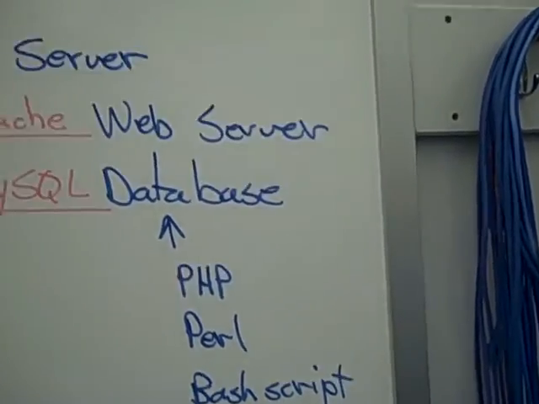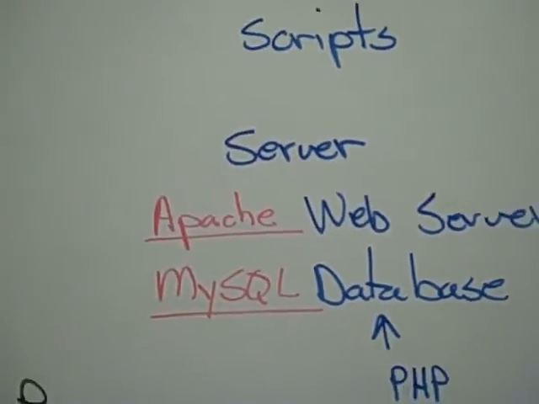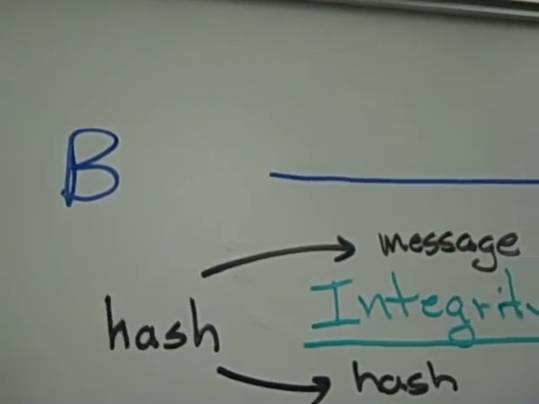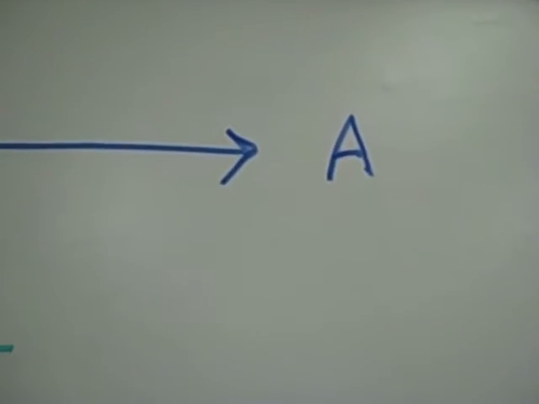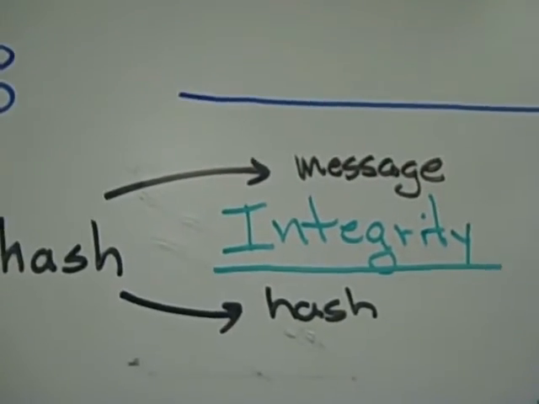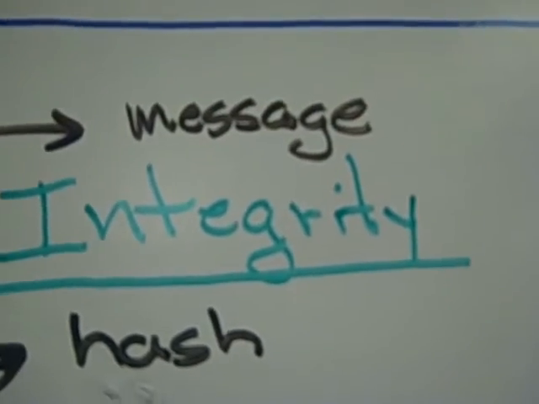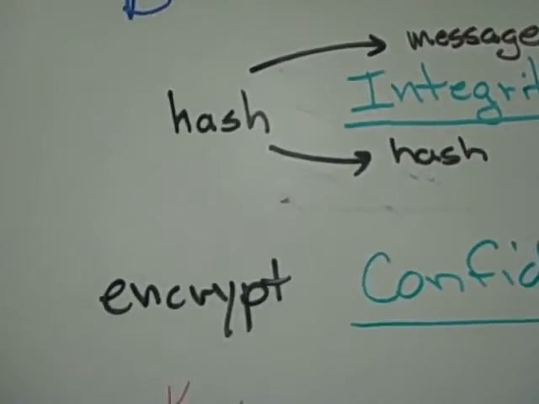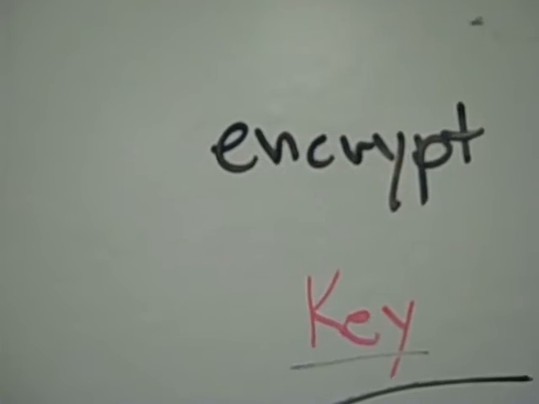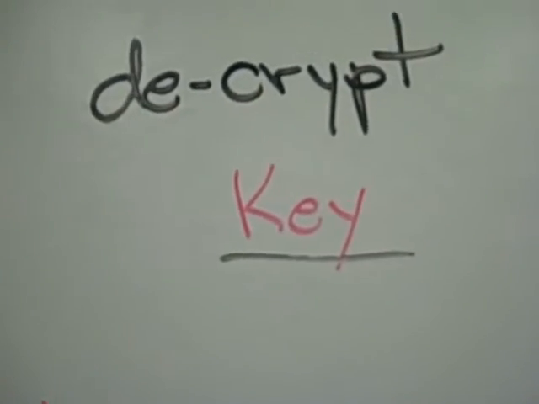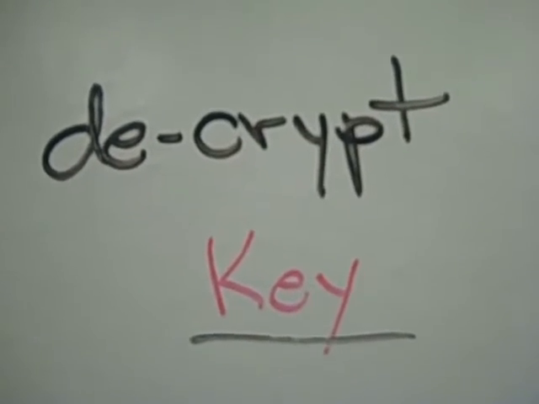So, before we went into installing the servers, we finished up some of the security. We talked about sending a message from B to A, and our first step was to hash it in order to verify integrity, so we know it didn't change. Then we talked about using a key to encrypt it for confidentiality, decrypt it when it gets over here.